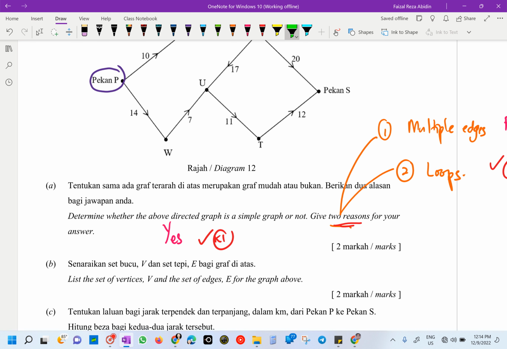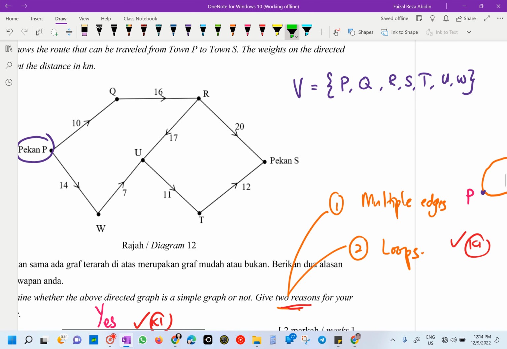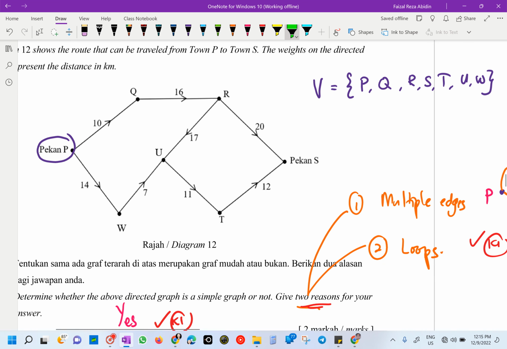And then the set of edges. Okay, we are going to have the set of edges. Tadi kan sebut edges kan? So over here you are going to have what first? We are going to have our E here, edges. So you are going to have the connection between our vertices there. We begin with P there. Can you see that they are directed, isn't it? Yes. So you are going to follow that.